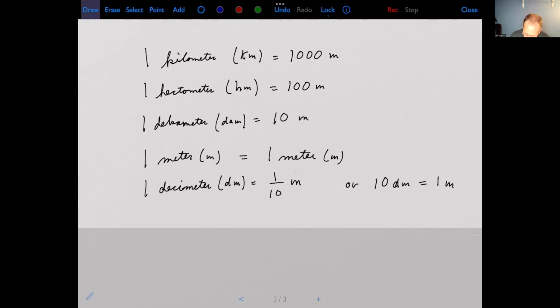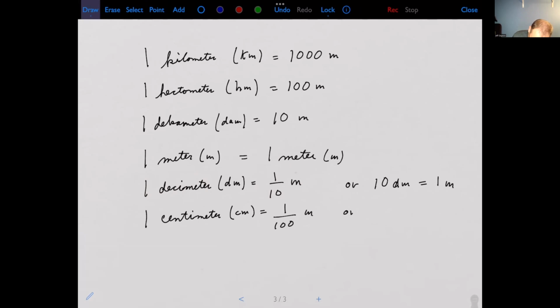And then 1/100th of a meter, again, this one you're probably familiar with, is a centimeter. So abbreviated as cm. That'd be 1/100th of a meter. Or another way of writing that is, you could say there's 100 centimeters in 1 meter, right? So 100 centimeters equal to 1 meter.